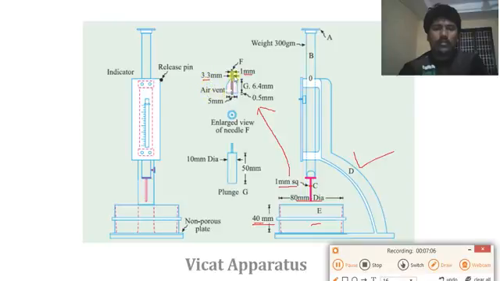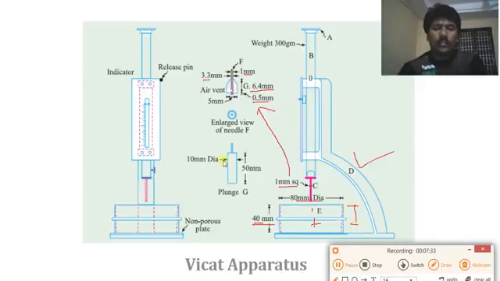It goes to the air vent, which is of 5 mm diameter, and this air vent is of height 6.4 mm and thickness of 0.5 mm. Through this air vent, your needle will go inside, and hence this needle will penetrate into the mold. So hence we will measure the depth of penetration from the top of the mold.